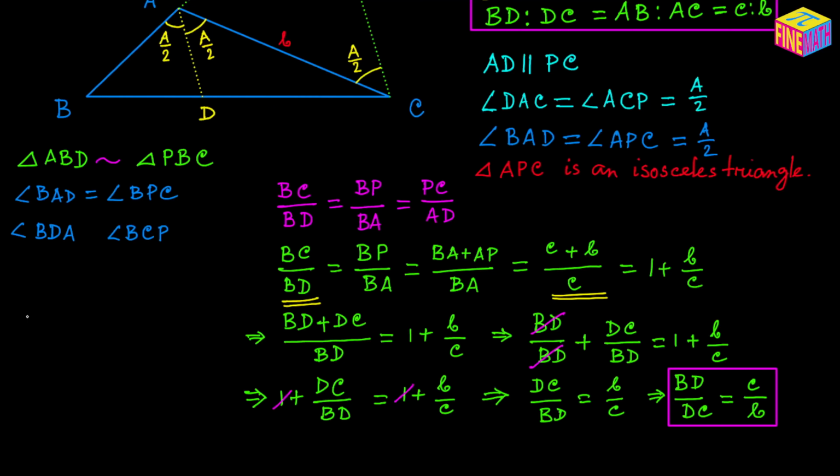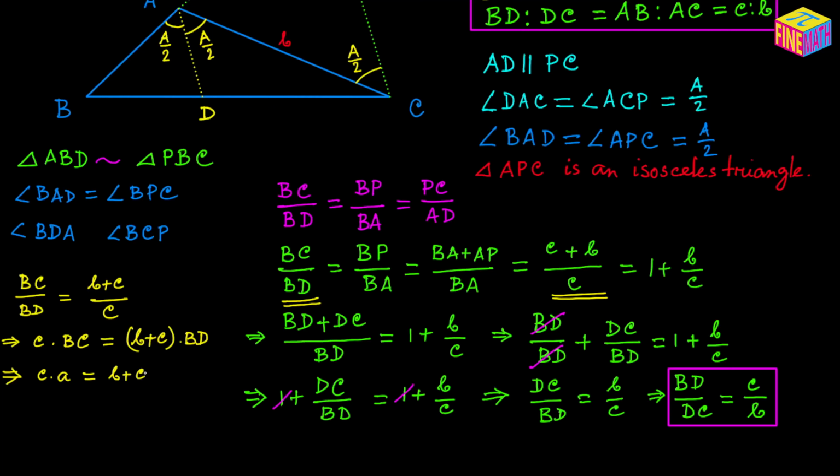BC over BD is equal to b plus c over c, and if we cross multiply, we will have c times BC equal to b plus c times BD. Now what is BC? Well, BC is actually the side length a, so this is c times a is equal to b plus c times BD, and from here we can see that BD will be equal to a times c over b plus c. That is an important result, we should highlight that.